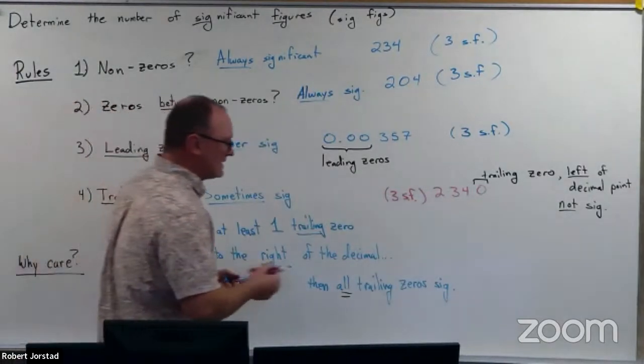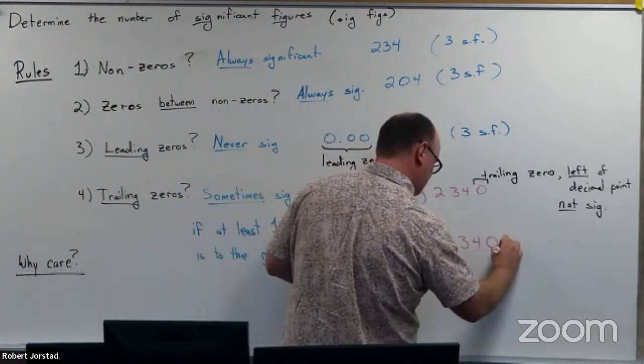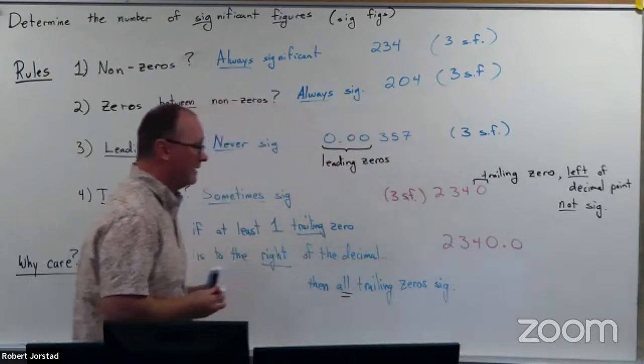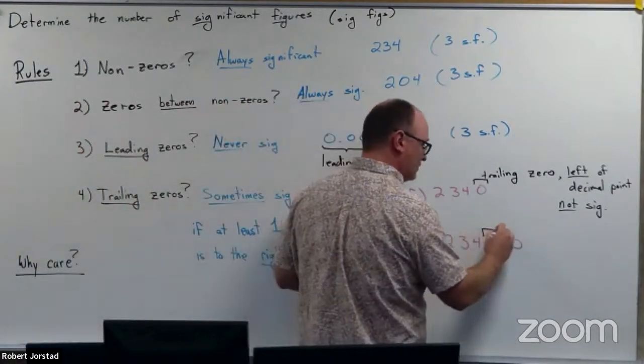But what if I did this number? Now we have two trailing zeros.